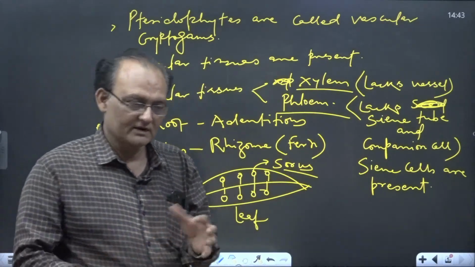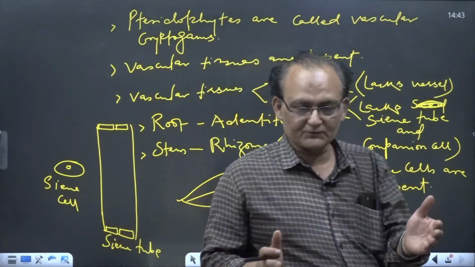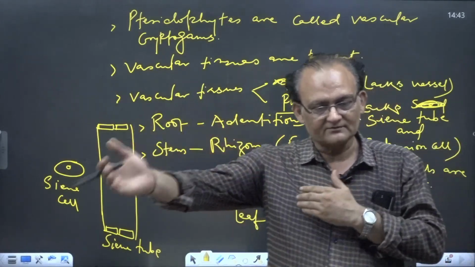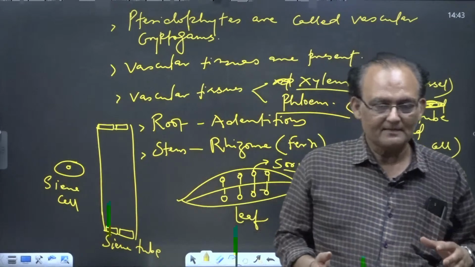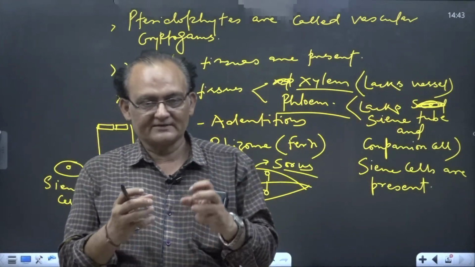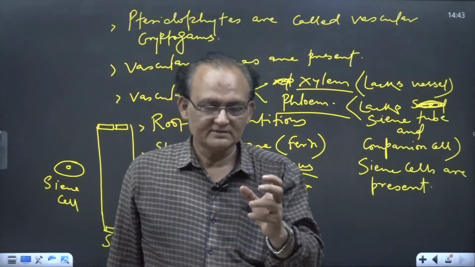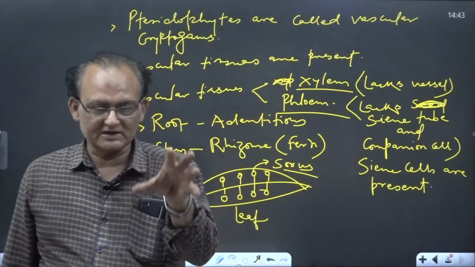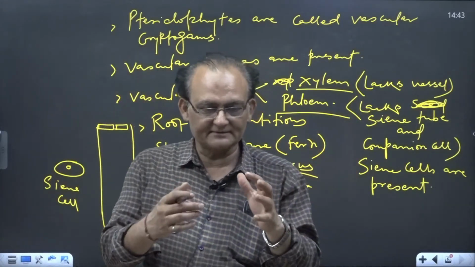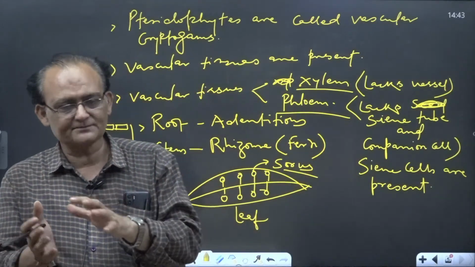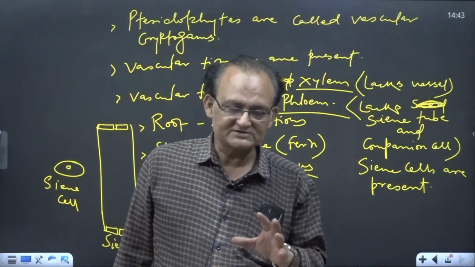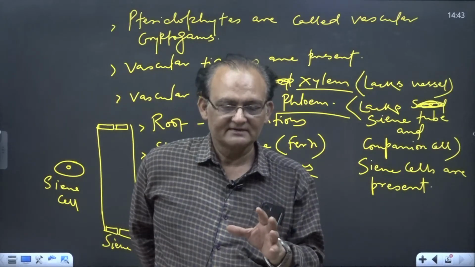And spore, when there are different spores, microspore, megaspore, it will form male gametophyte and female gametophyte, right? And when only one spore is formed, that will germinate to form prothallus. So prothallus, I told you the diagram, antheridium and archegonium on the same structure, and it is called monoecious, right?